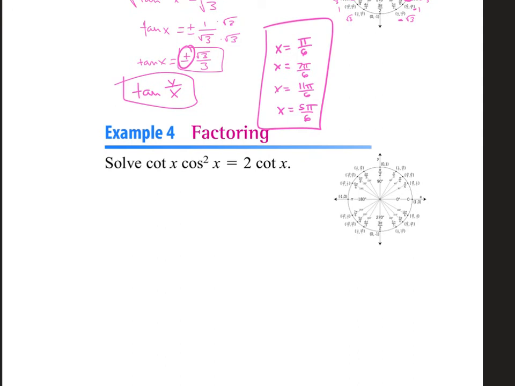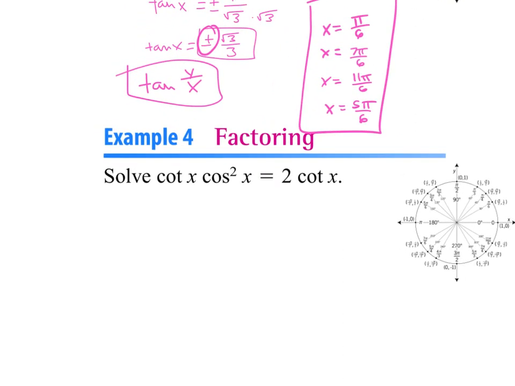Alright, number 4. So here we got some different trig functions in our equation. So what should we do? You should convert it, so cosine over sine. We can do that, or let's see. Why don't we move everything to one side and then see what happens?